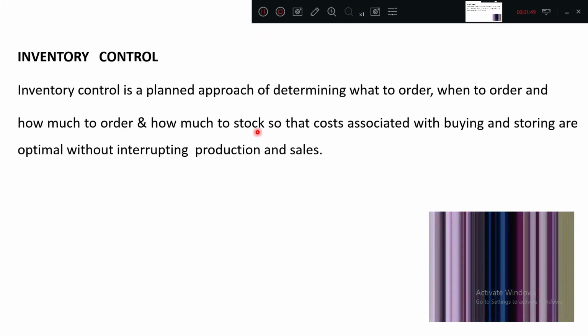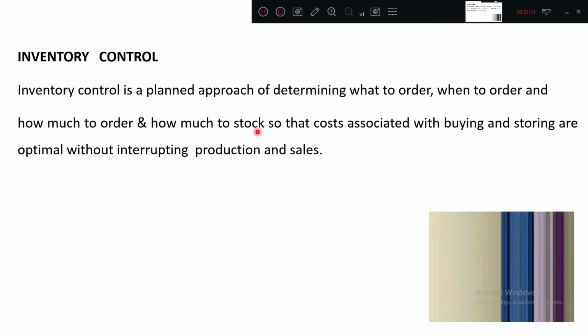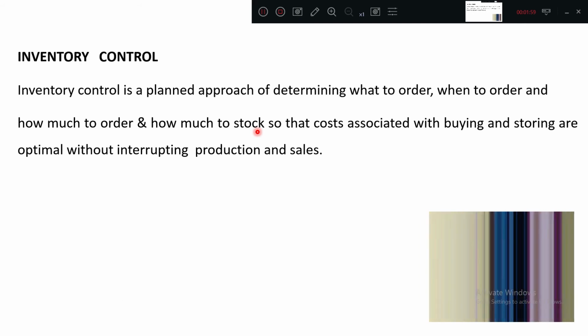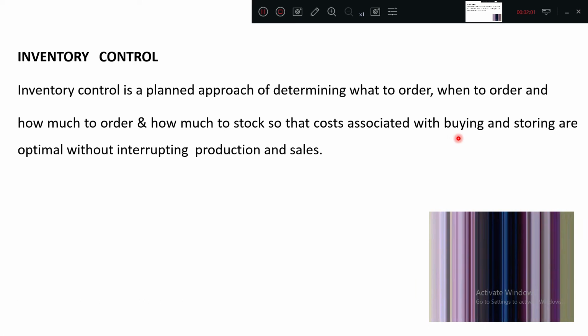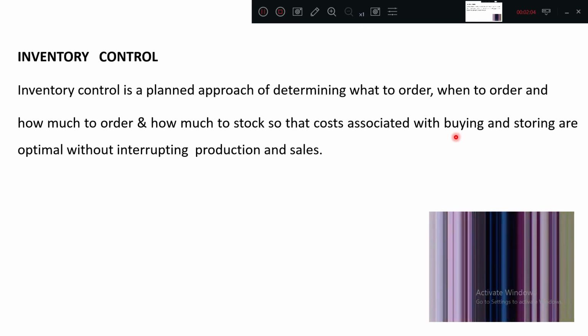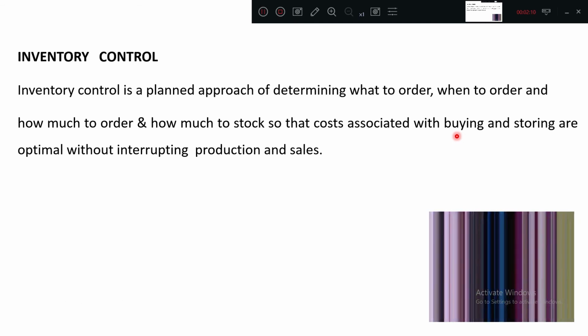Okay, so ordering is one part, and how much balance stock you are keeping in your store is another. Those are two different things: outside purchasing and already present stock material, such that the cost associated with buying is optimal. Okay, so the ordering cost, getting the trucks and vehicles from that vendor to the shop, all those buying costs, as well as storing, are optimal.